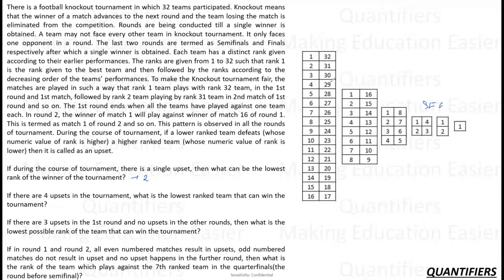Now, if there are three upsets in first round and no upset in the other rounds, अब फर्स्ट राउंड में 3 अपसेट हुई हैं और उसके बाद कोई अपसेट ही नहीं हुई, the table went fine, then what is the lowest ranked team that can win the tournament?